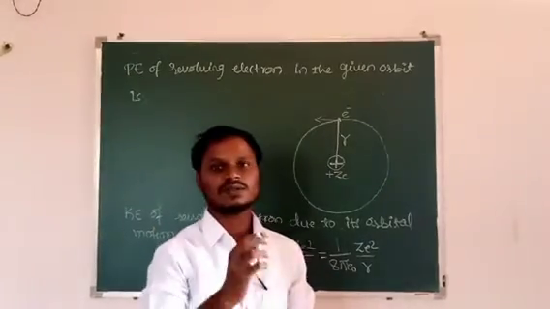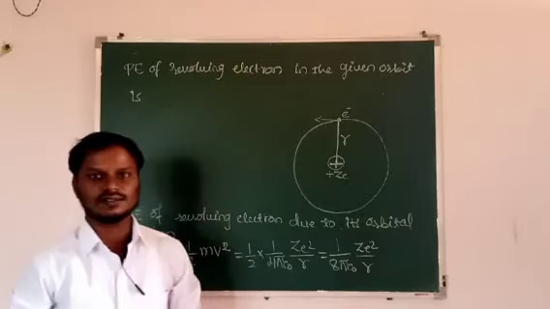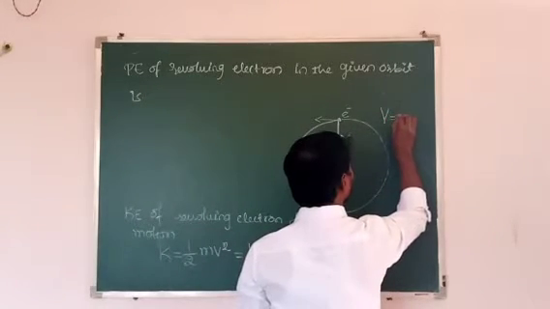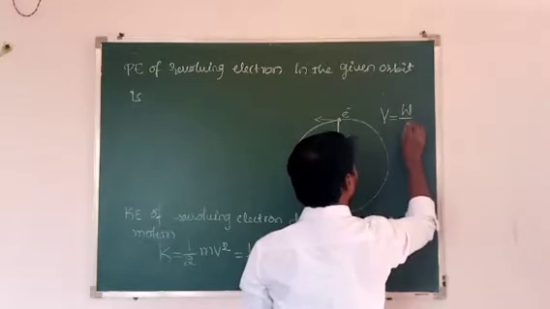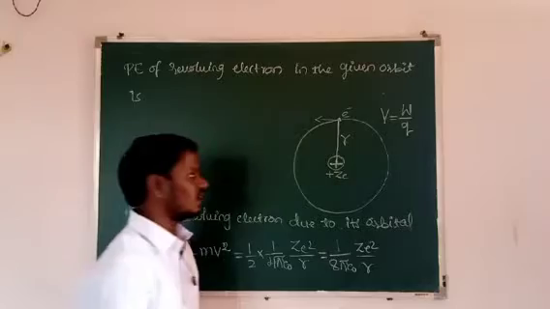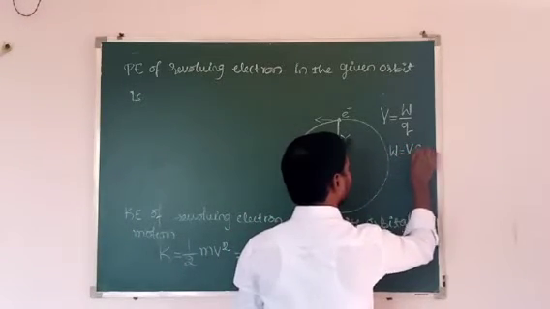Potential energy is equal to the potential due to the nucleus into the charge on the electron. So already you know what potential is. Potential is nothing but work done per charge. Okay, here which is the test charge? Electron is the test charge. Then work done is equal to potential into test charge.